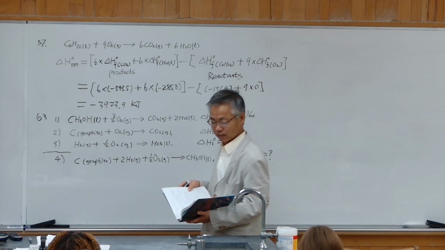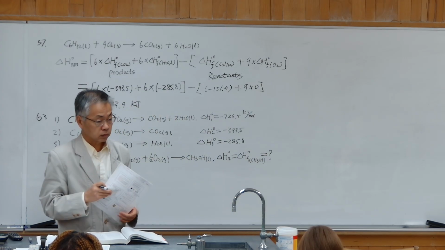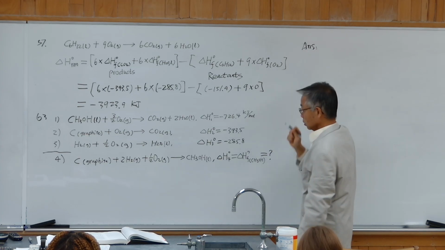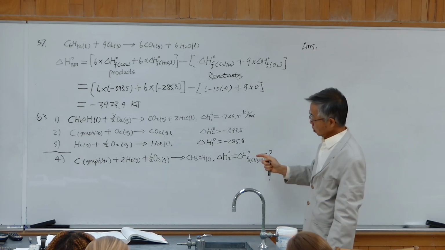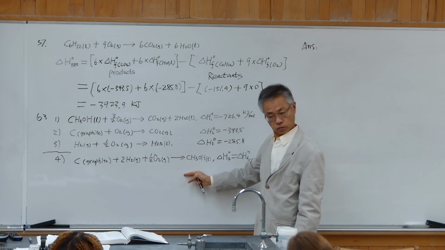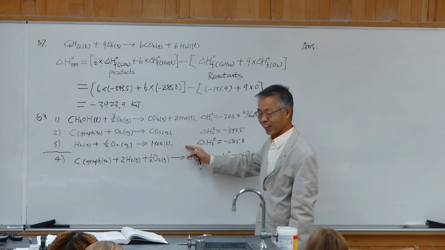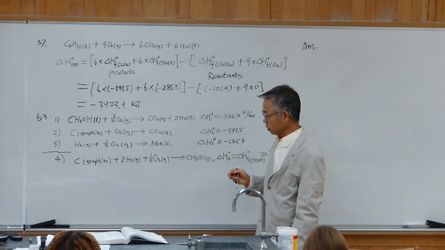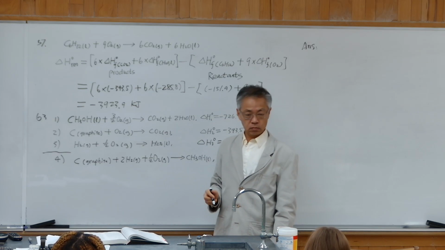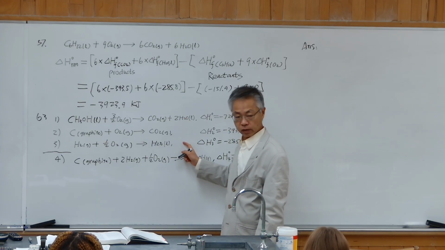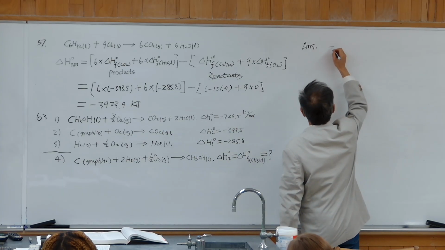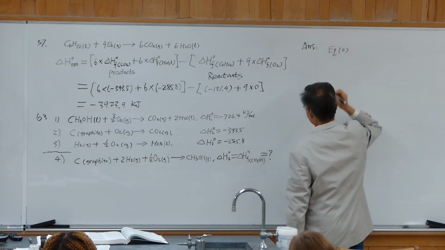Okay. How to solve this problem? The strategy is, how can we build up this target reaction from the three given reactions? So simply take a look at what you need. We need 1 carbon. Which reaction has 1 carbon? Clearly reaction 2. So equation 2 provides 1 carbon.